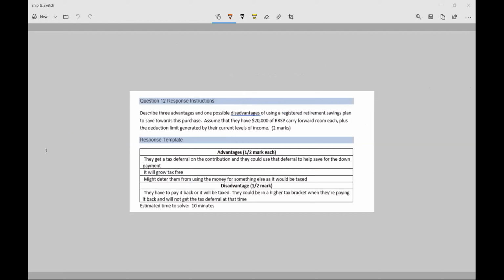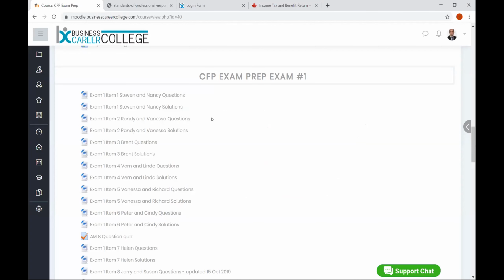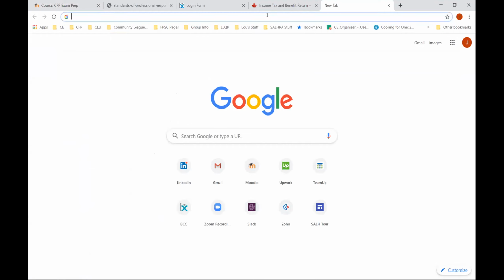Okay. It will grow tax deferred. Yeah, it's fair.